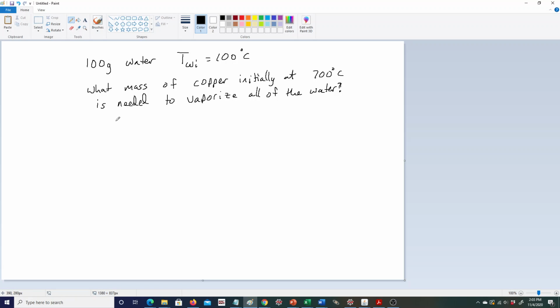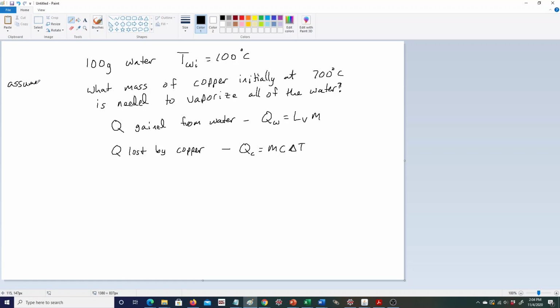So the heat gained from the water is going to be the latent heat of vaporization times the mass of the water, and the heat lost by the copper, now this is just going to be our familiar MC delta T. So if I vaporize the water, I'm also going to assume a final equilibrium temperature.